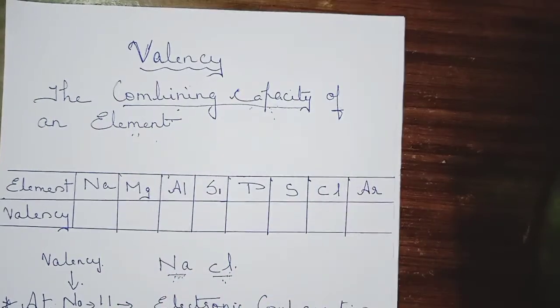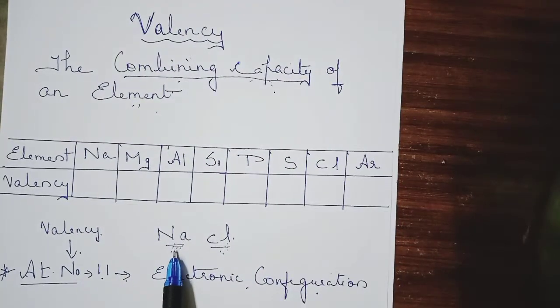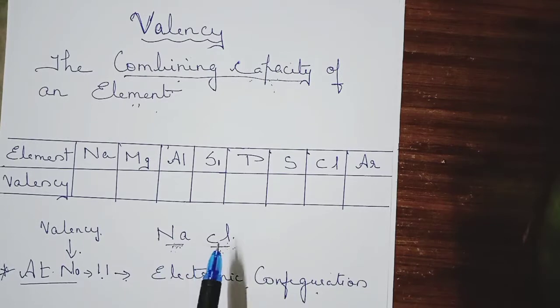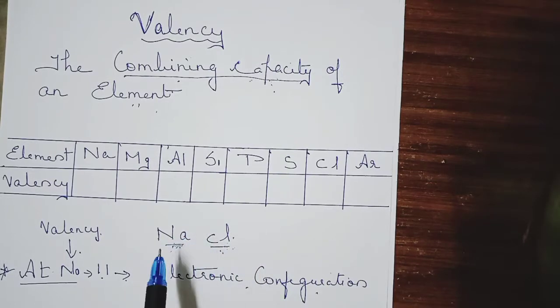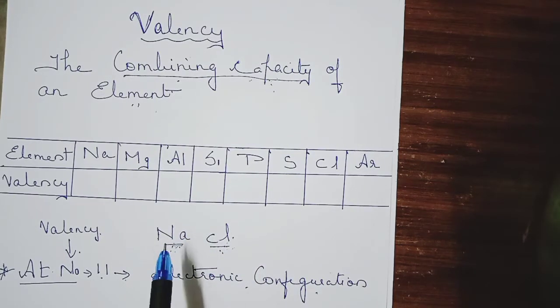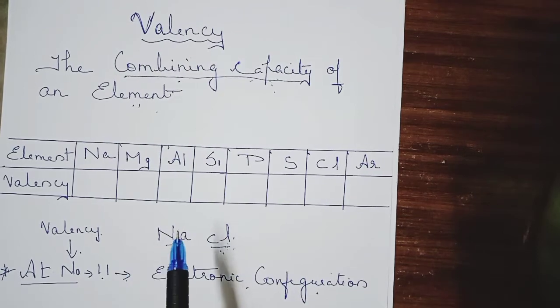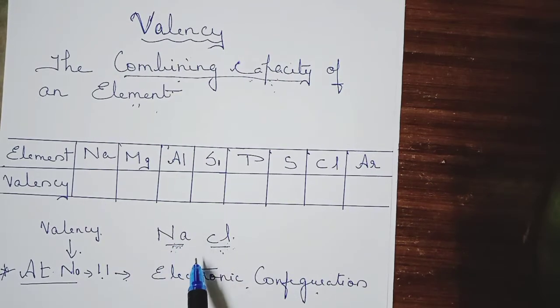For example, sodium combines with chlorine and forms sodium chloride. This combination happens because of the presence of valence electrons.